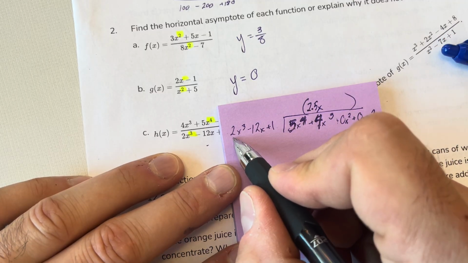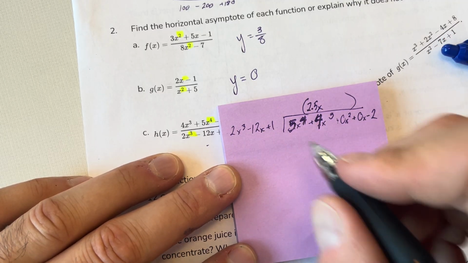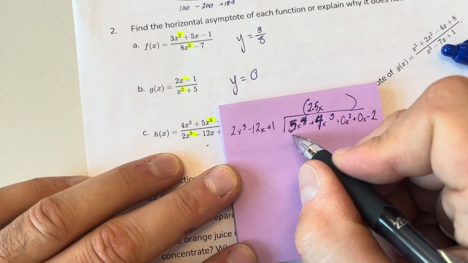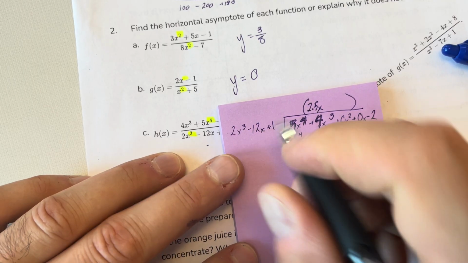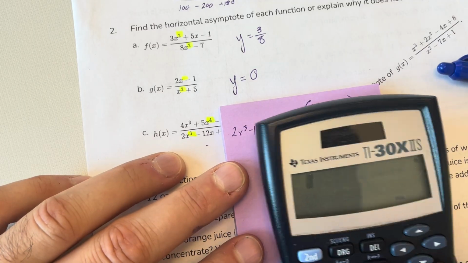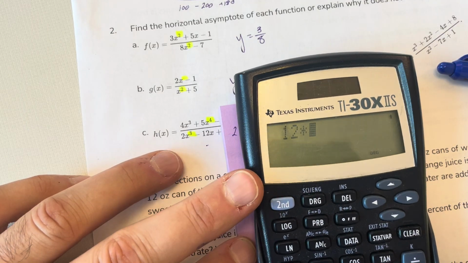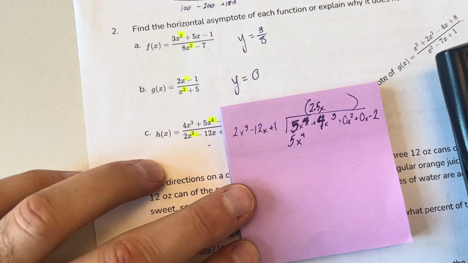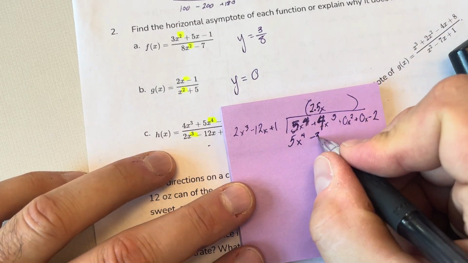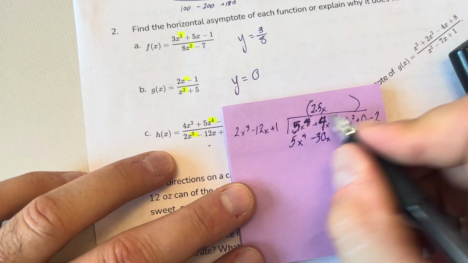And we multiply this by 2.5. I don't want to do that, but we get 5x to the 4th. And 2.5 times 12... so 12 times 2.5, all right, 30. But it'd be a negative 30x times x.